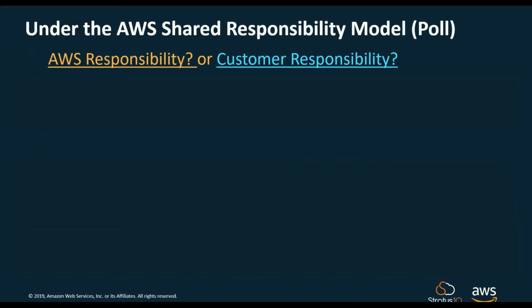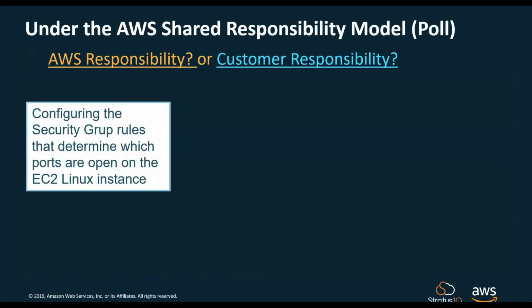All right, so this is a bit of an exercise of what things are a customer's responsibility versus what things are AWS's responsibility. And I'm just going to slowly go through these. So: configuring the security group rules that determine which ports are open on an EC2 Linux instance.